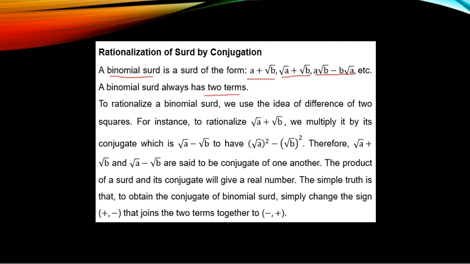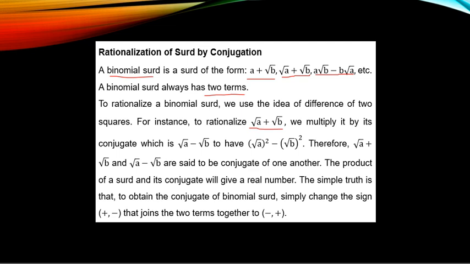I've said that before. To rationalize a binomial surd, we use the idea of difference of two squares. For instance, to rationalize root a plus root b, we multiply it by its conjugate. You see where it comes in now.